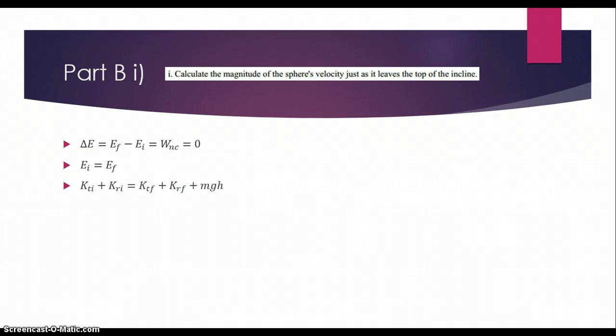And we know that E initial is going to be the translational kinetic energy initial plus the rotational kinetic energy initial. And that's going to equal, at the end, the translational kinetic energy final plus the rotational kinetic energy final plus mgh, which is the potential energy that it gains.